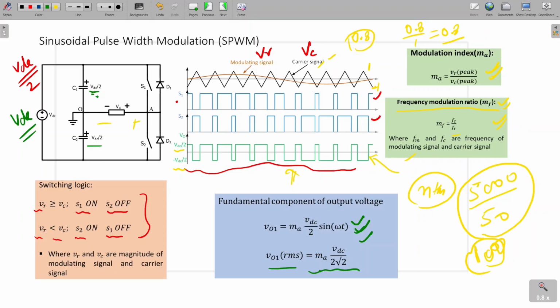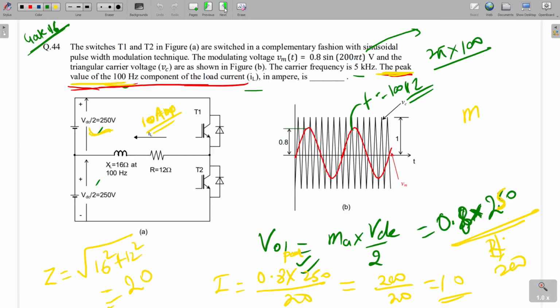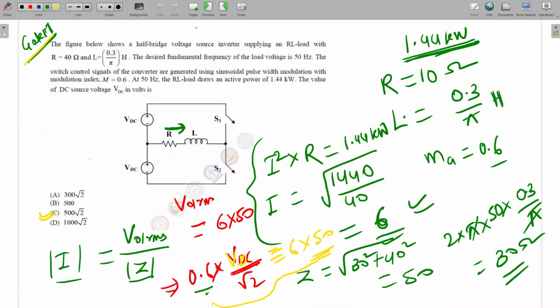Whatever voltage is here, that voltage into MA will be the peak value. RMS will be VDC into 0.6 by root 2. Is it clear? Clear, sir.